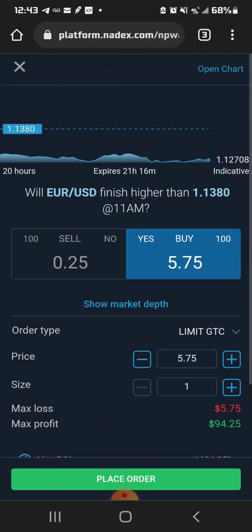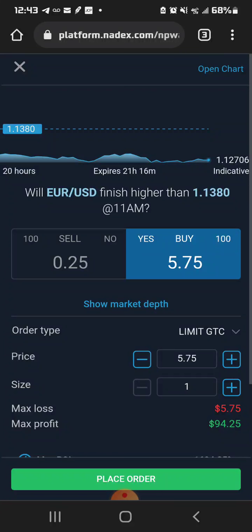It's going to cost me $5.75 to enter this contract. The most I can lose, where it says max loss, is $5.75. The most I can gain is $94.25. That is good risk to reward in my opinion.